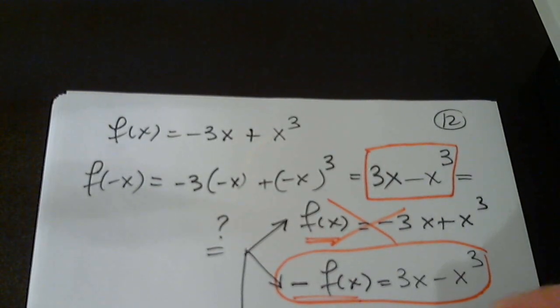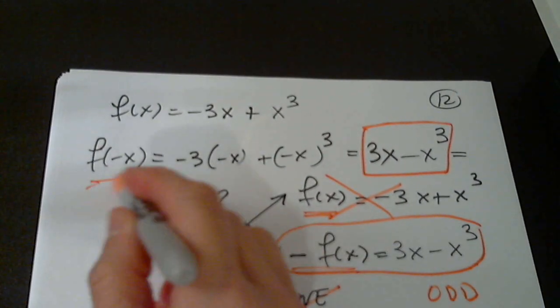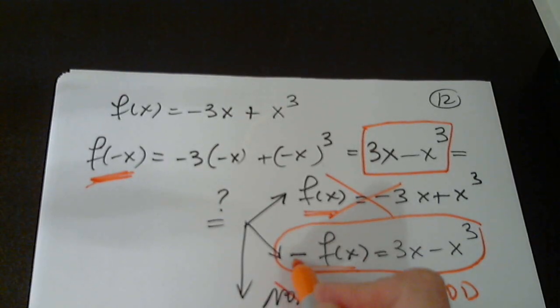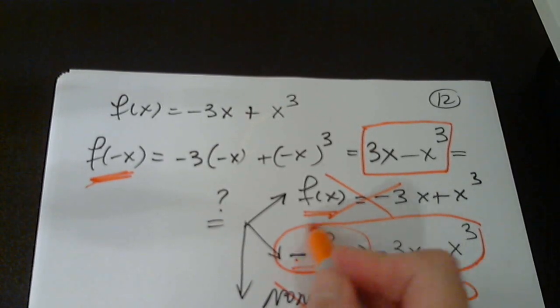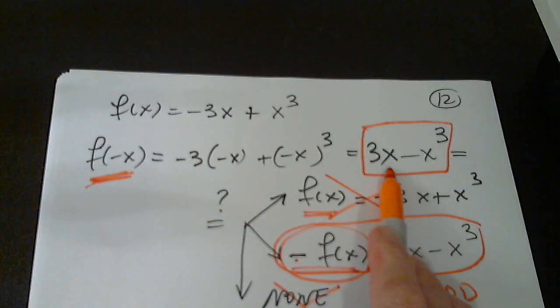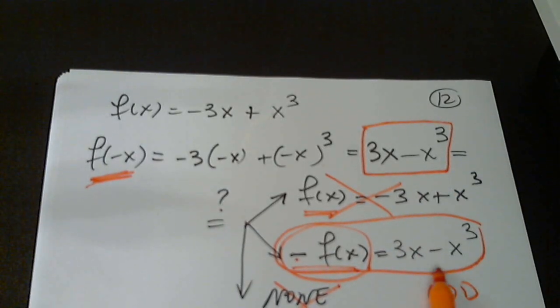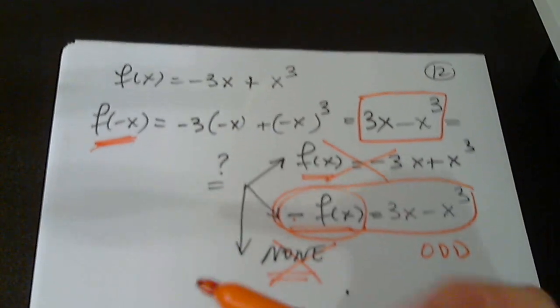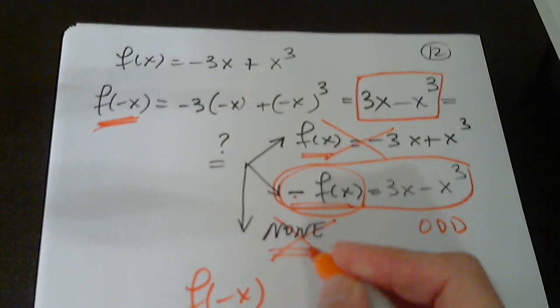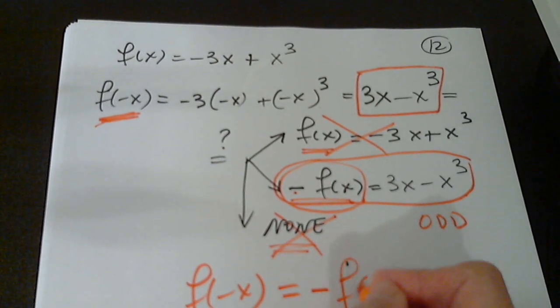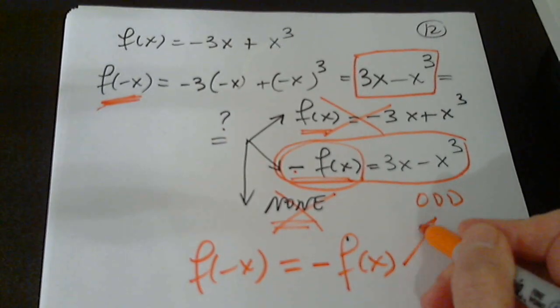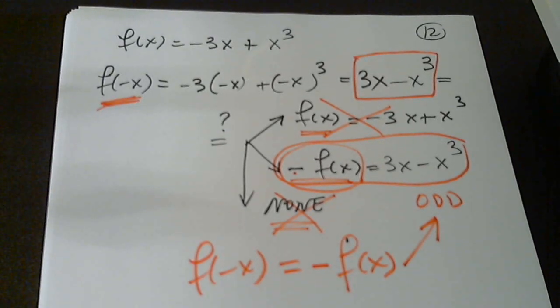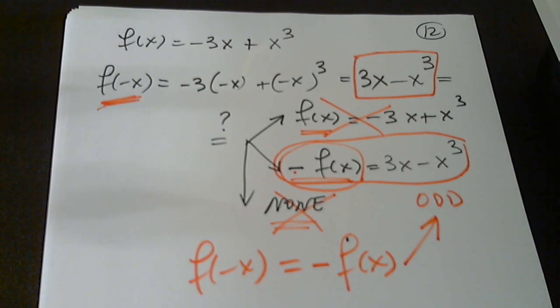So that's why it is odd, because f of negative x is the same as the opposite of f of x. 3x minus x cubed is the same as 3x minus x cubed, meaning f of negative x is indeed negative f of x. So the function is odd. Good? Other questions here?